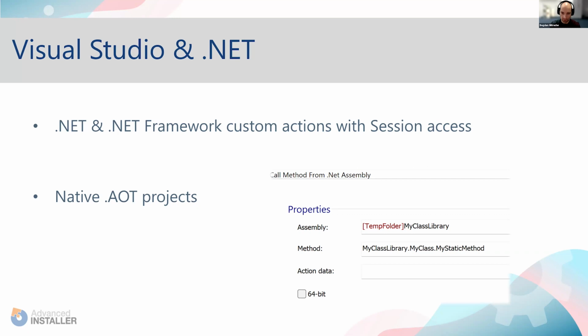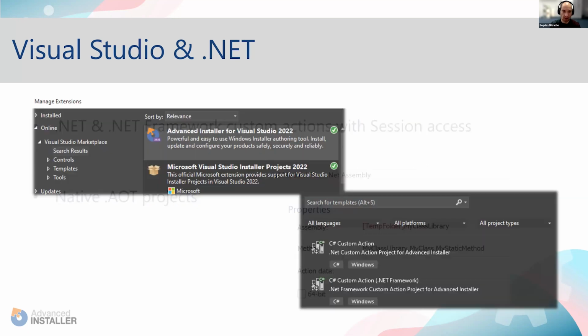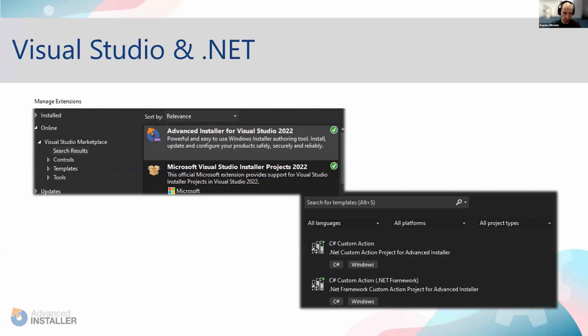All you have to do is to install our Visual Studio extension for Advanced Installer. And after you install it, you'll see some project templates created by this extension. Some of them you already know are the project templates for creating a setup project, but you'll also find 2 templates for creating custom actions in C#, targeting either .NET Framework or .NET for cross-platform custom actions.